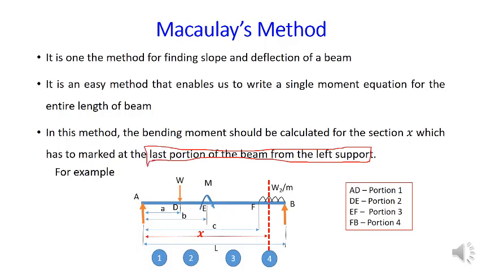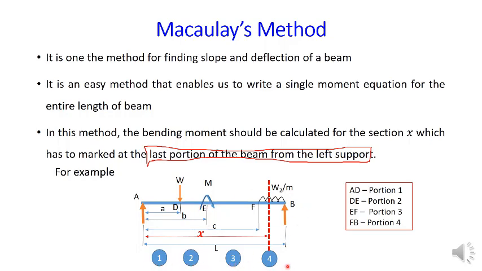Here, this beam consists of the portion AD. AD is one portion, DE is another portion, EF is another portion, and FB is another portion. Totally, this beam consists of 4 portions, or it has 4 divisions.